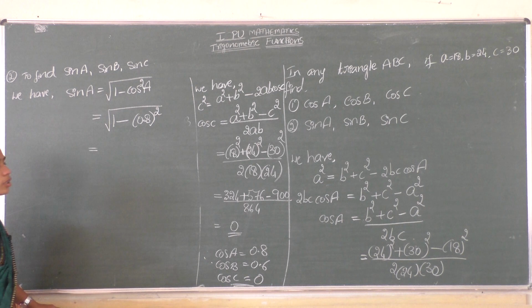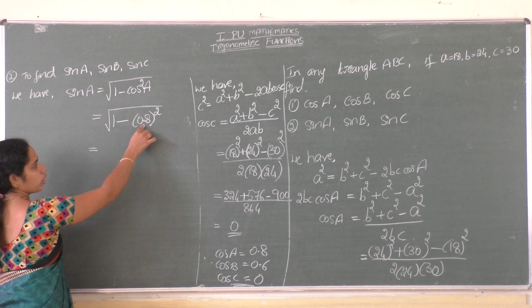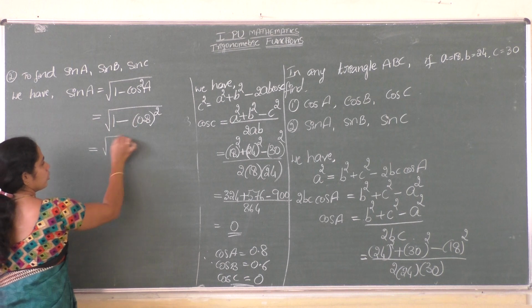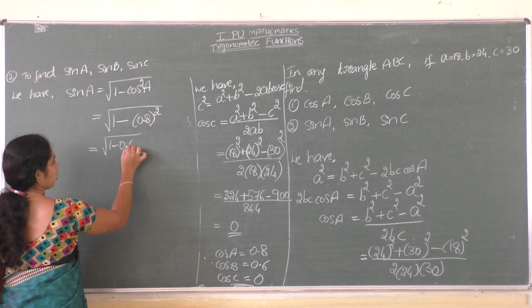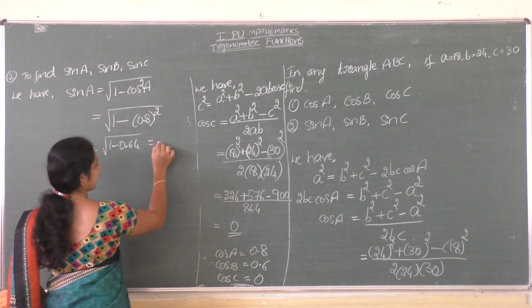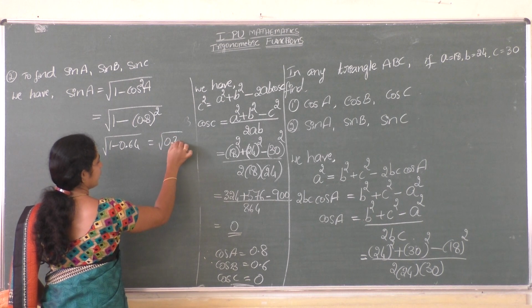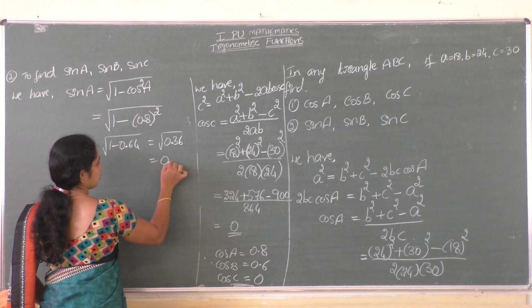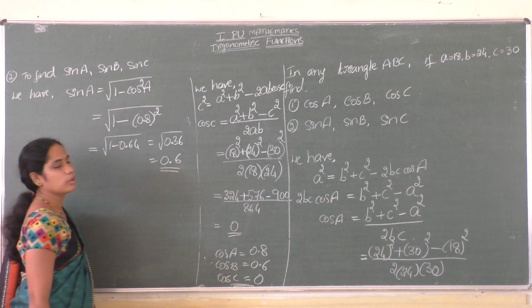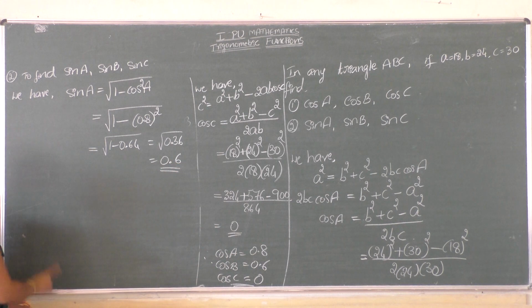Root of 1 minus 0.64 is root of 0.36, that is 0.6.